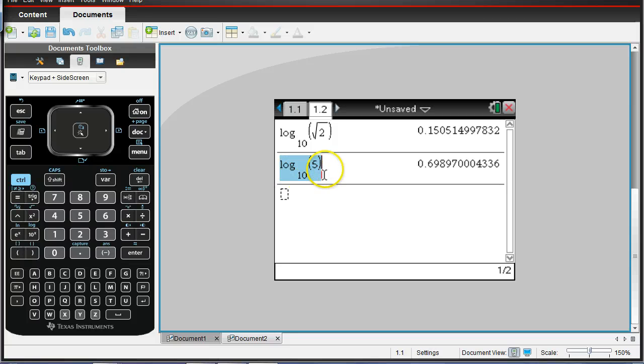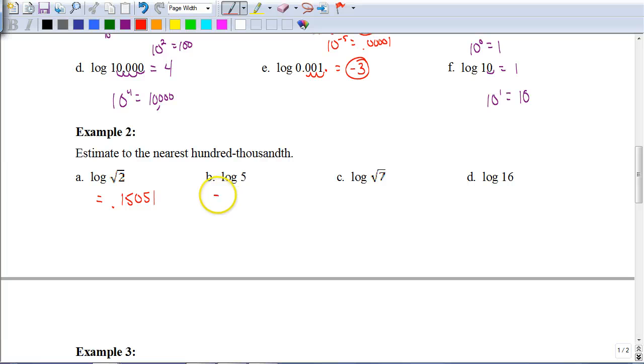And that is to have it as a common logarithm or a logarithm of base 10. And that is what we wanted, so our answer, again, if we round it to 5 numbers after the decimal place, would be 0.69897.